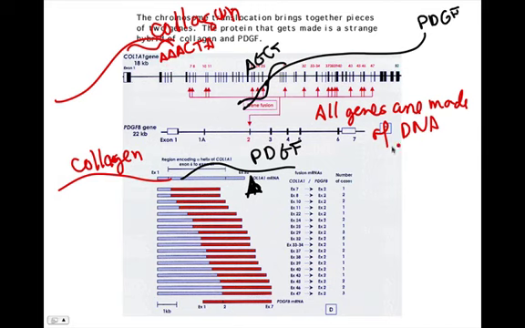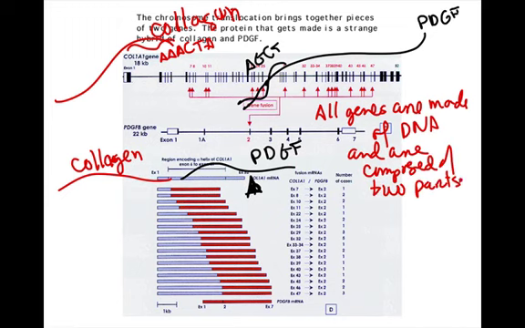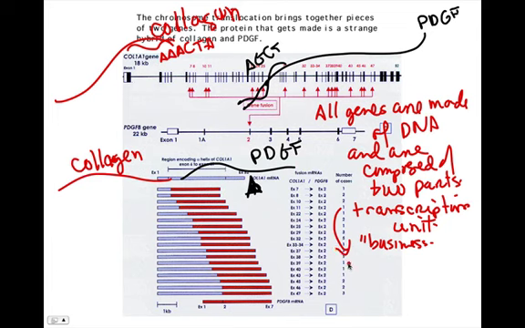And all genes are made of DNA and are composed of two parts. One part is called the transcription unit. And that's the business part of a gene. That's the part that gets transcribed, gets copied into RNA.